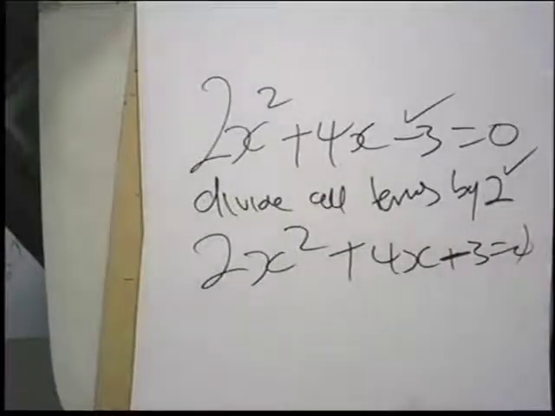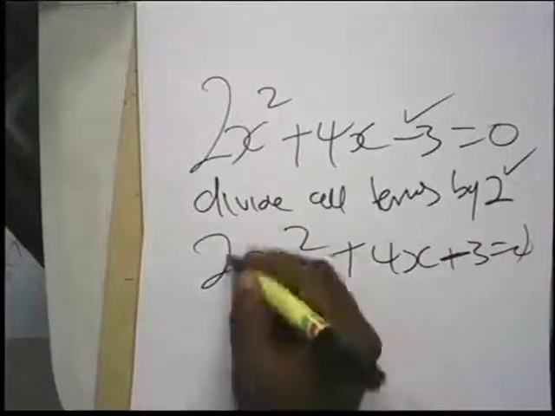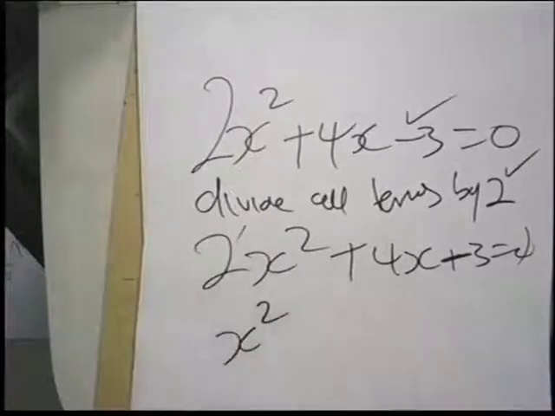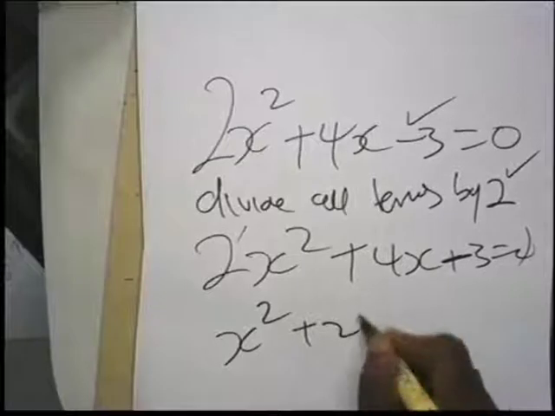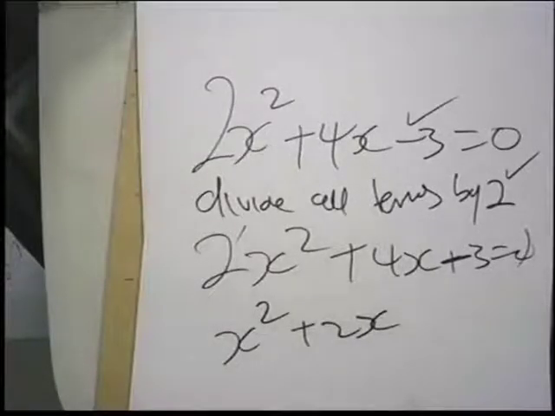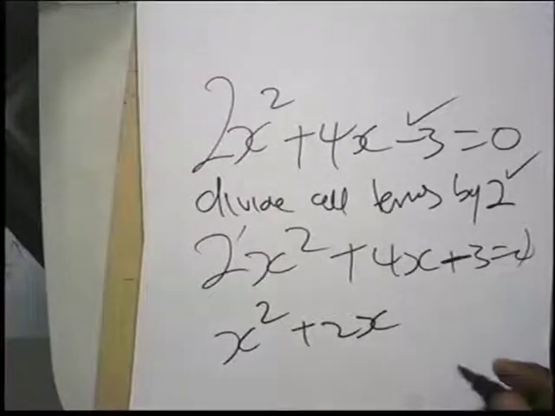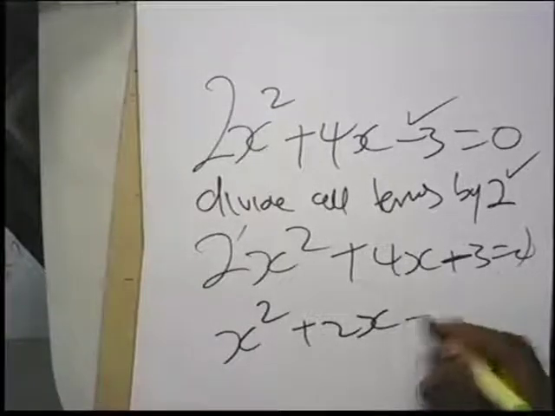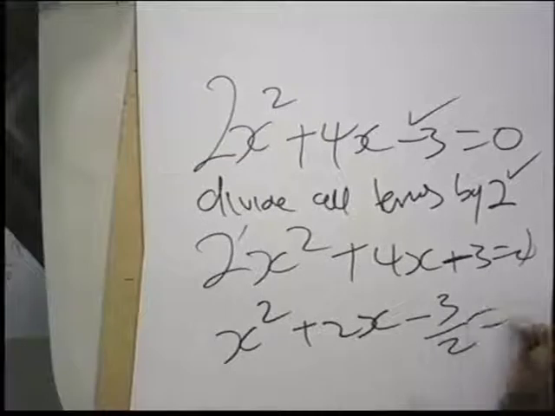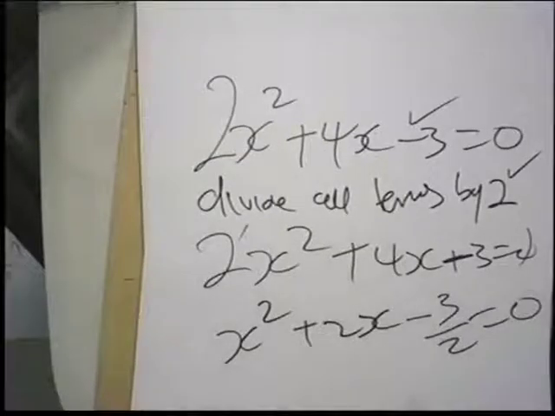But you want to divide all terms by 2. So when you divide, then it will be s squared plus 2s minus 3 over 2 is equal to 0.